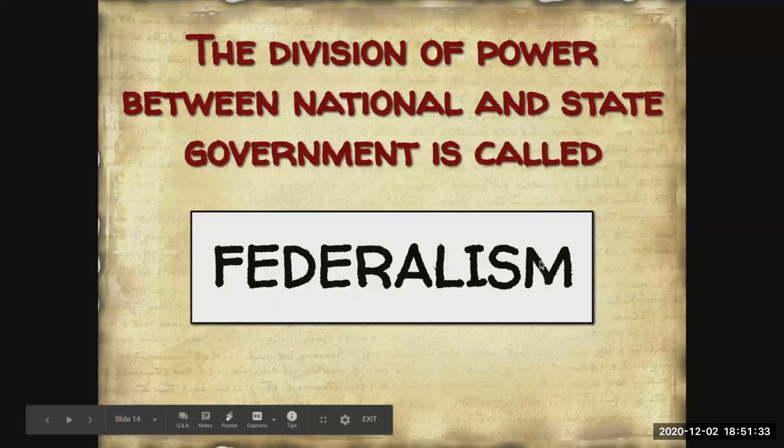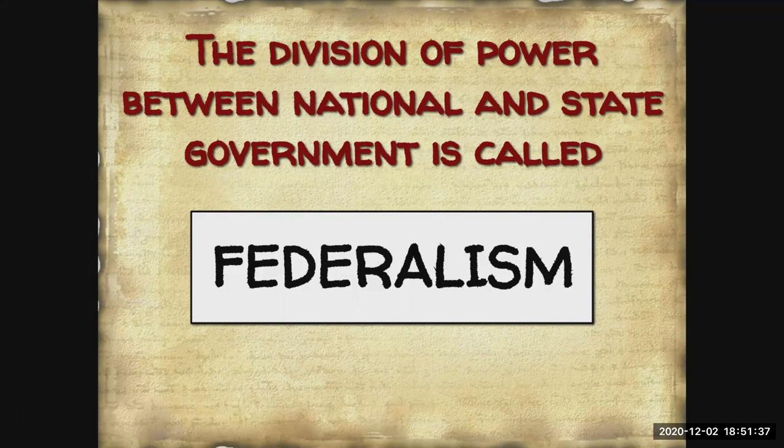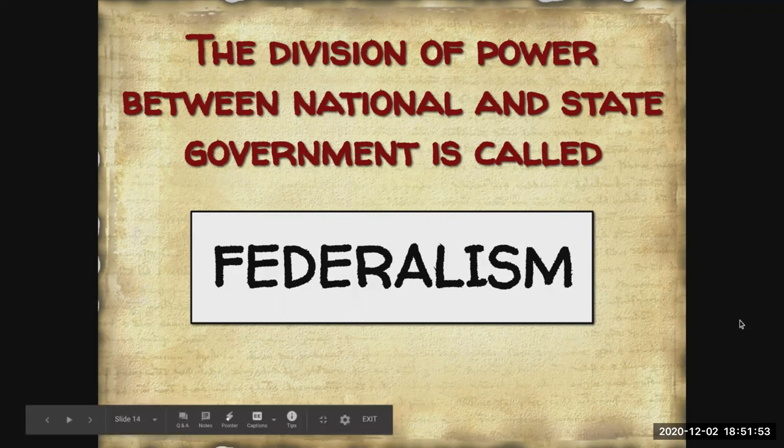So federalism is the term we use when we're talking about power being split up between the national government and smaller units of government, whether that's a state or a province or whatever it is they happen to call their smaller units in the country.